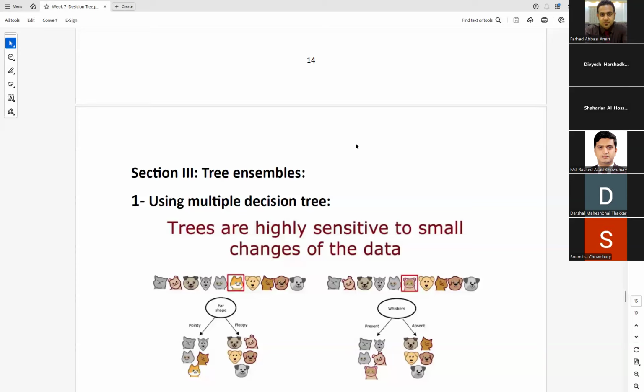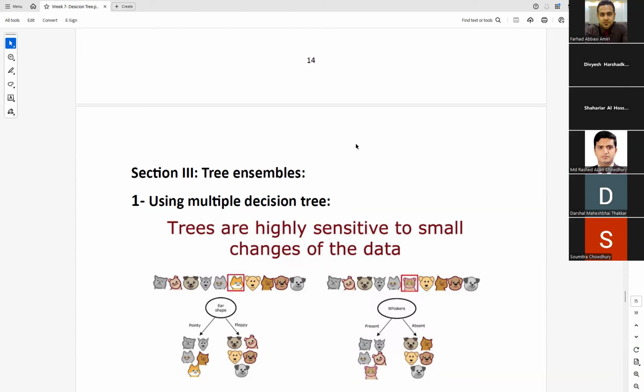So tree ensembles means that we have a collection or group of trees. We have, for example, 10 trees, 20 trees, and we see each tree's decision. If you have a group of 10 trees, then you have 10 votes, 10 decisions.